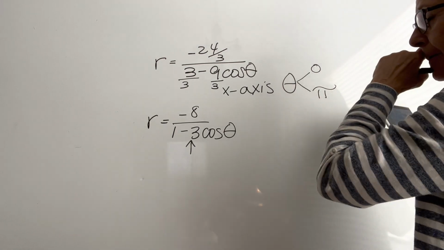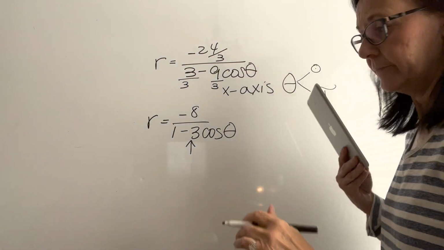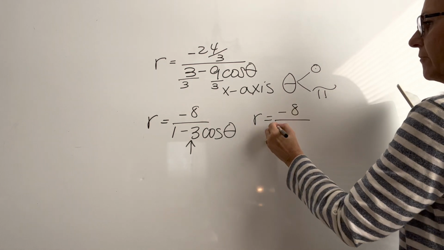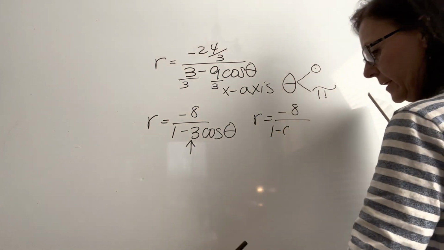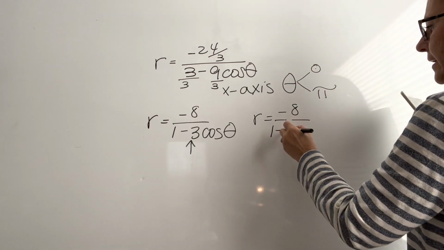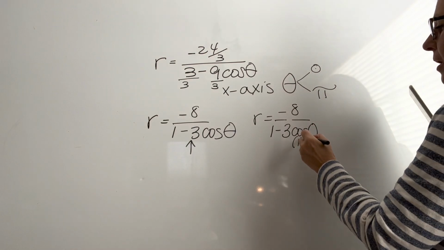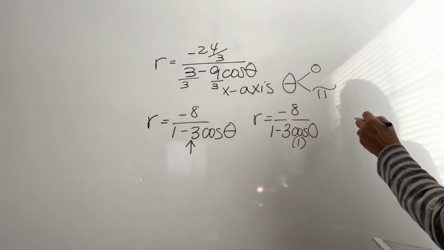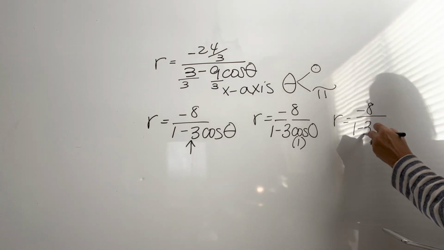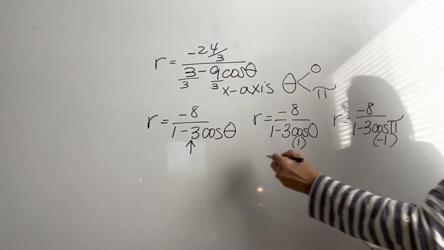Then I plug in 0, I plug in pi, I get my coordinate points. So r is negative 8 over 1 minus 3 cosine at 0, which is 1. And then we have r equals negative 8 over 1 minus 3 cosine pi, which we know is negative 1.